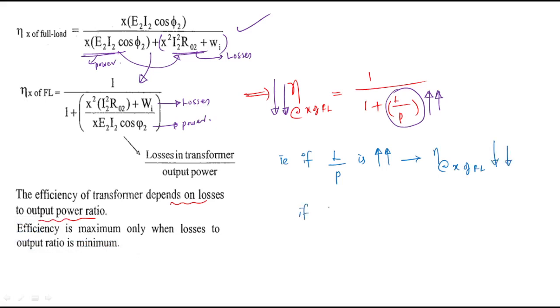If losses to output power decreases, obviously efficiency increases. Simple. If losses to output power increases, efficiency decreases; if it decreases, efficiency increases.